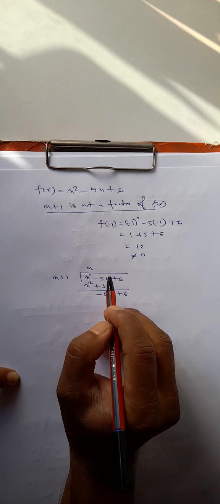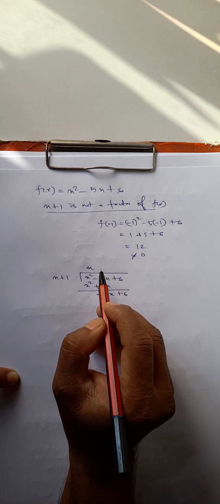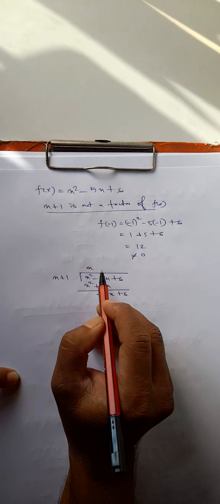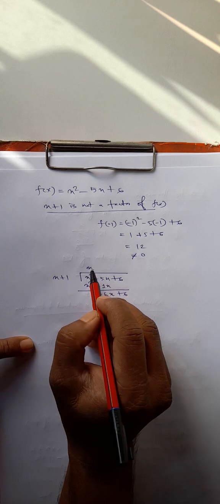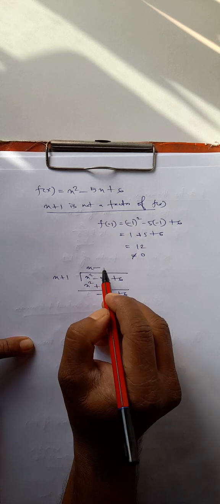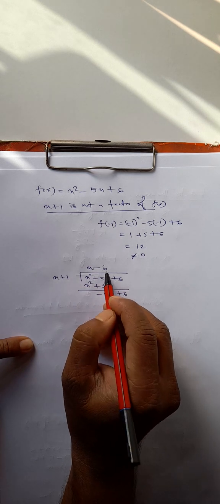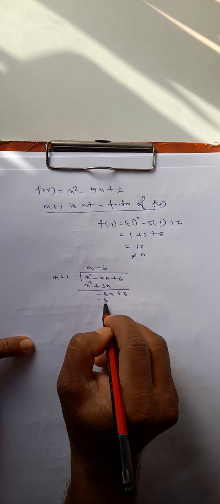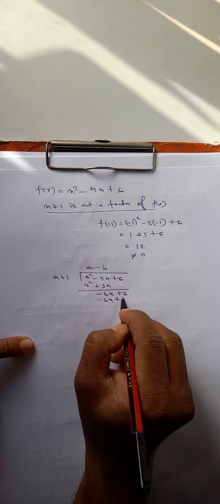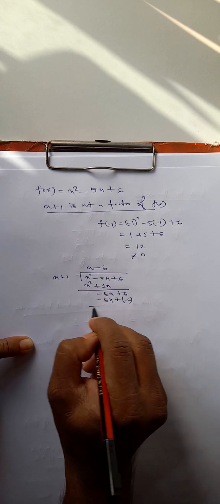Multiply, minus 6 into x is minus 6x, minus 6 into plus 1 is minus 6.